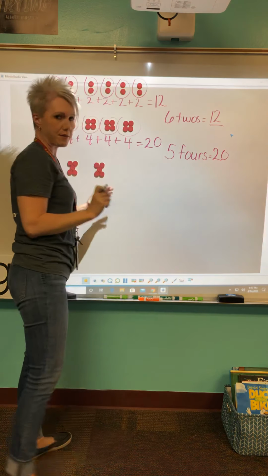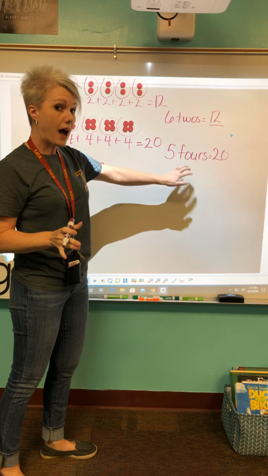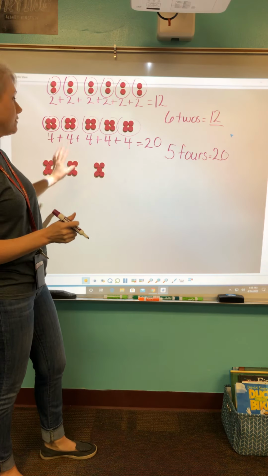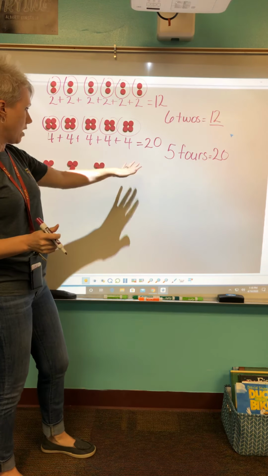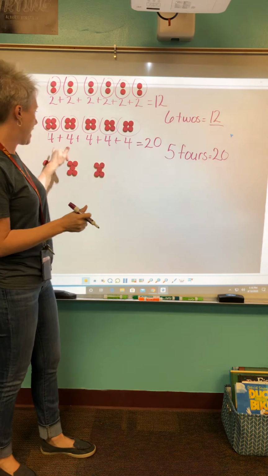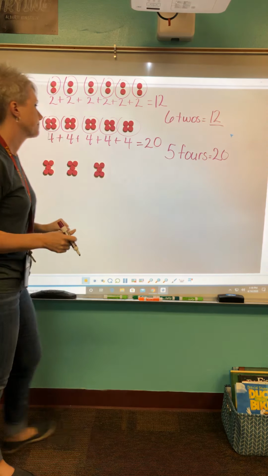And that's the same thing as saying, if you write 4 5 times and add it up, you will get 20. Add them all up, and you get 20. So 5 4's equals 20.